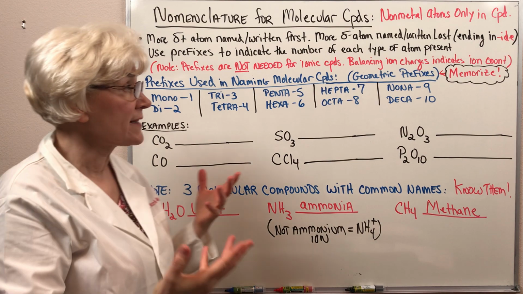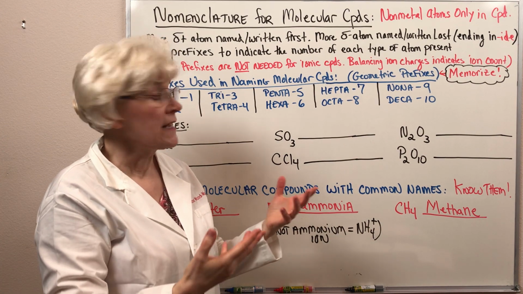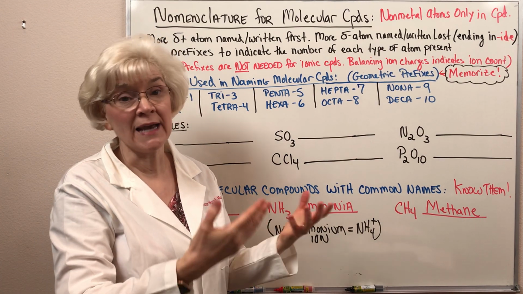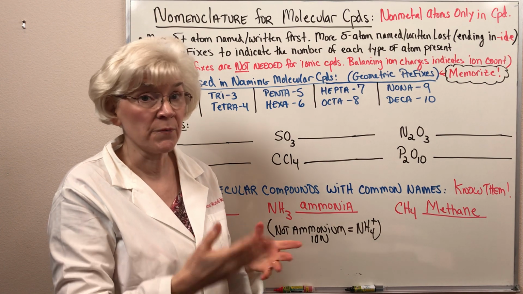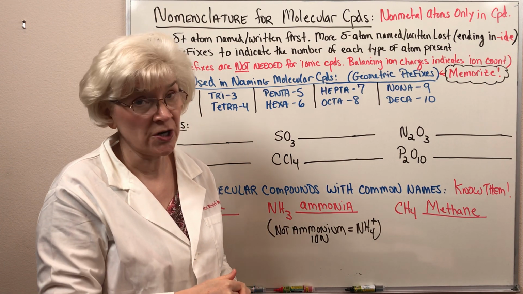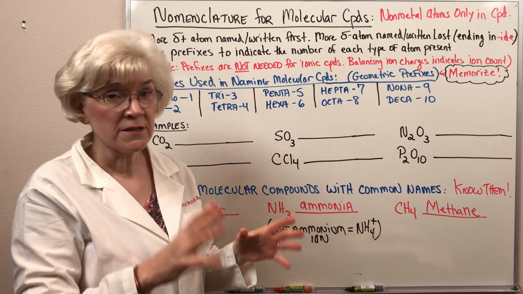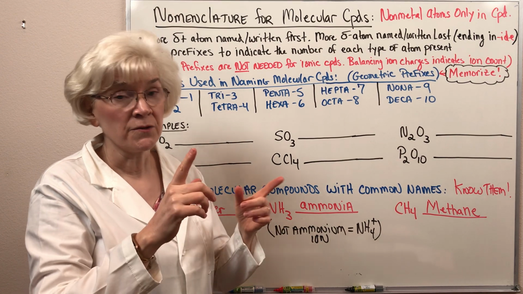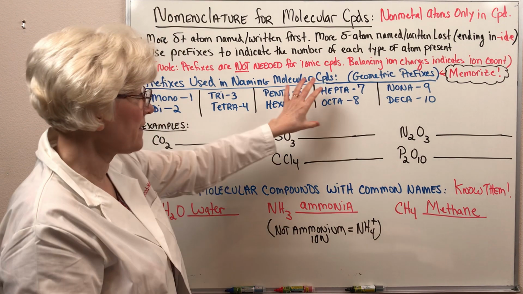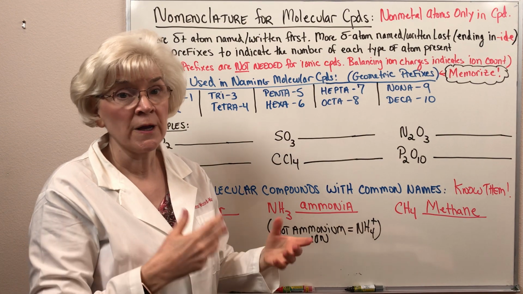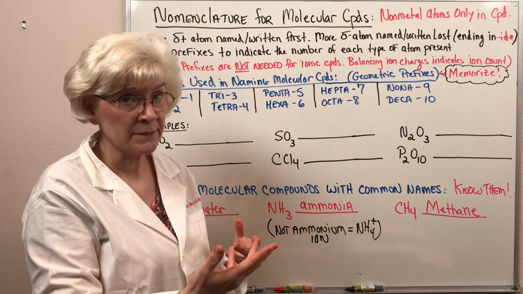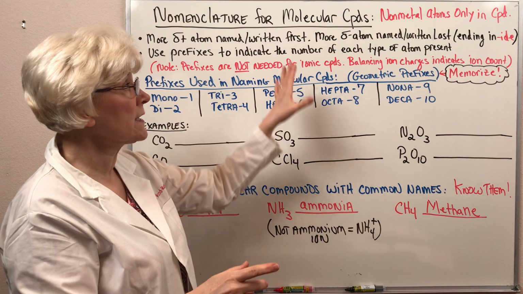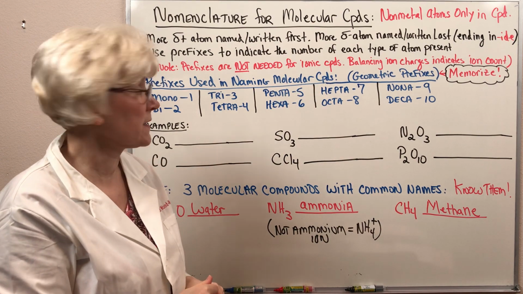You just look at the charges on the ions and determine how many ions of each type are present in order for all charges to add up to 0. So again, emphasizing, you do not need to use the prefixes that I've listed here when you are naming ionic compounds. They are used only for molecular compound nomenclature.